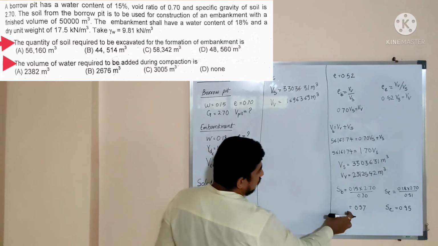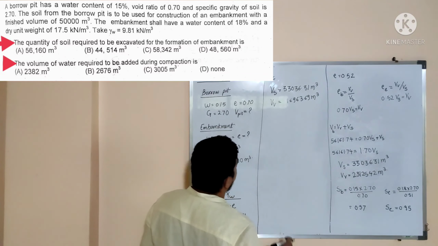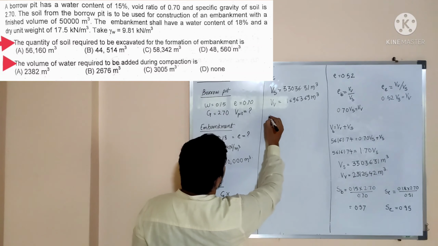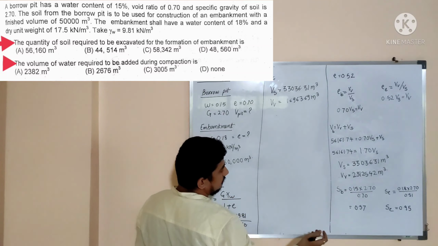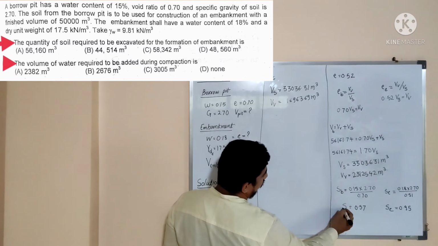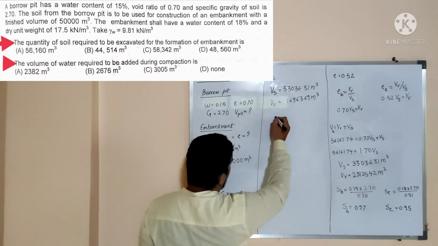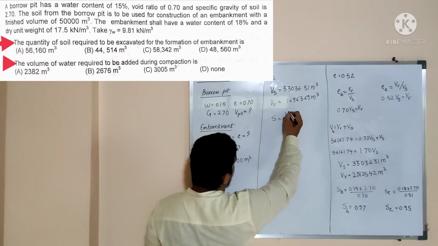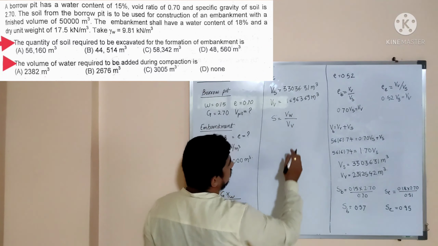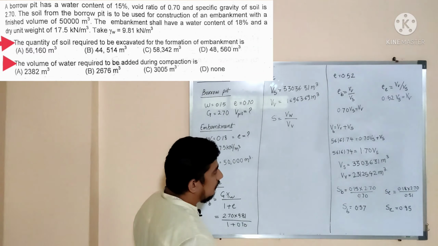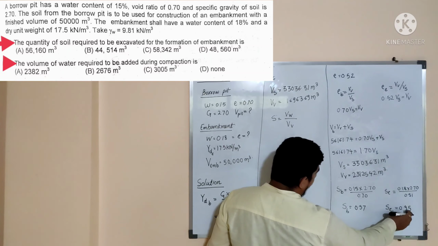Now the degree of saturation in both cases is different. SB is 0.57, as I have written here, and SE is 0.95. Degree of saturation is volume of water divided by volume of voids. So the degree of saturation we have changed from 0.57 to 0.95.